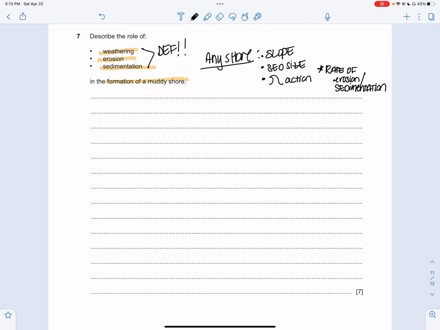So we're going to start with our definitions and then our types. Remember, with weathering, you do have 3 types. COP is the acronym we thought of in class: chemical, organic, and then physical. And then for erosion, it's WIG: water, wind, ice, and gravity. A muddy shore is flat.